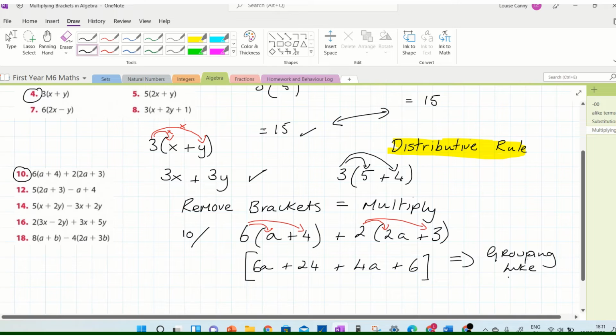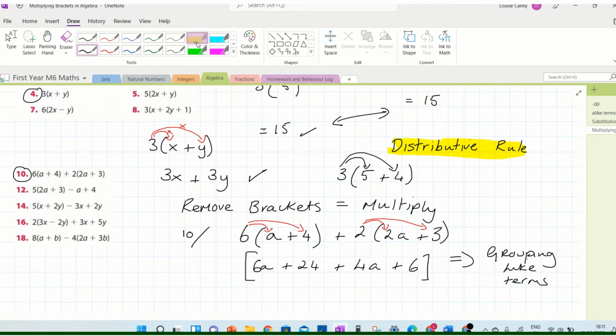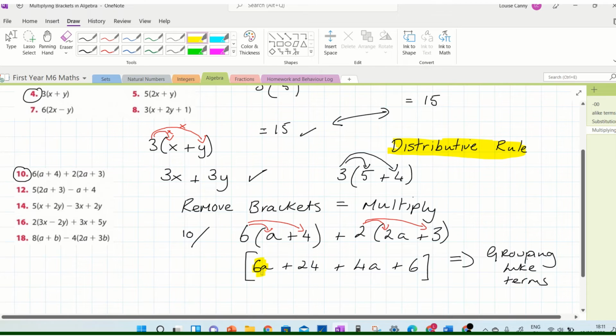Just like in video 1, I'm going to go ahead and group any like terms that I have. I'm just going to use my highlighter here. I have 6a plus 4a, and I remember that I have to use the sign in front of the plus 4a. So that's going to give me 6 plus 4 is 10a.